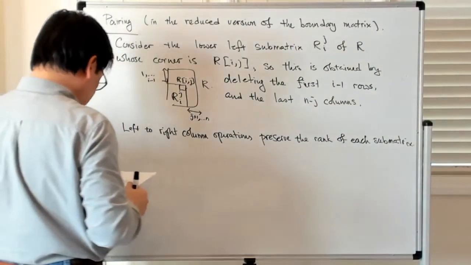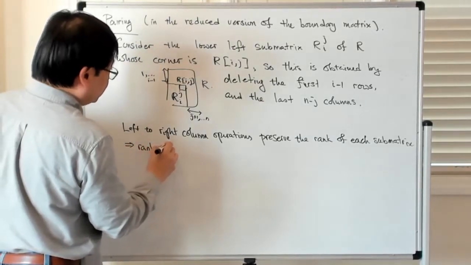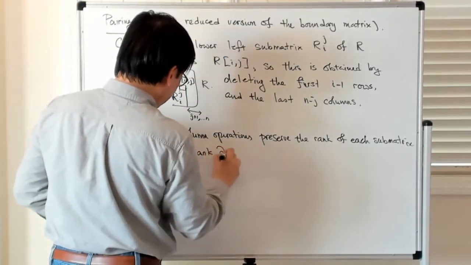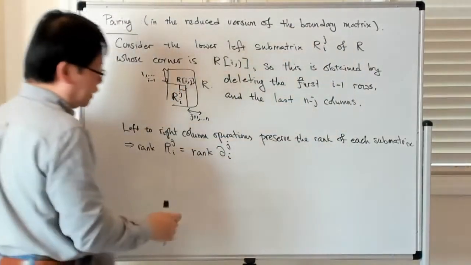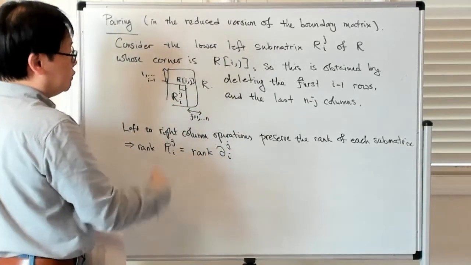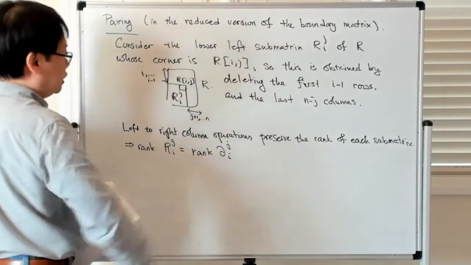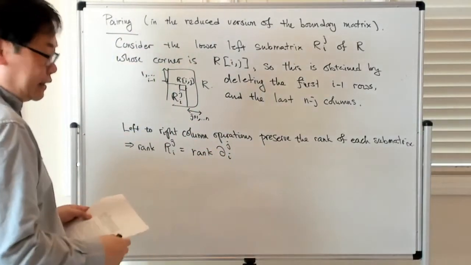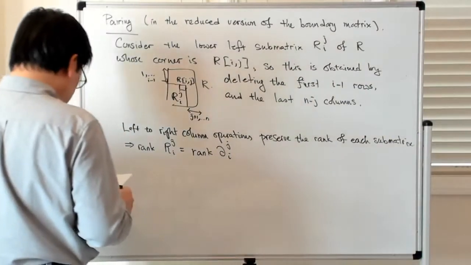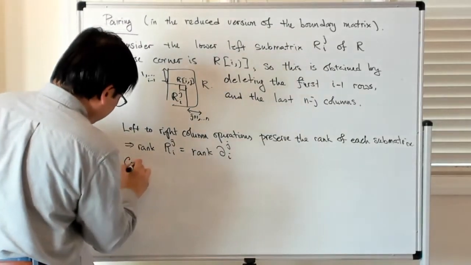So the rank of R_i^j is equal to the rank of the boundary matrix ∂_i^j, where ∂_i^j is the lower left submatrix of the boundary matrix whose corner is the entry ∂_ij. Okay, so this is the observation. All right, then you consider the following.